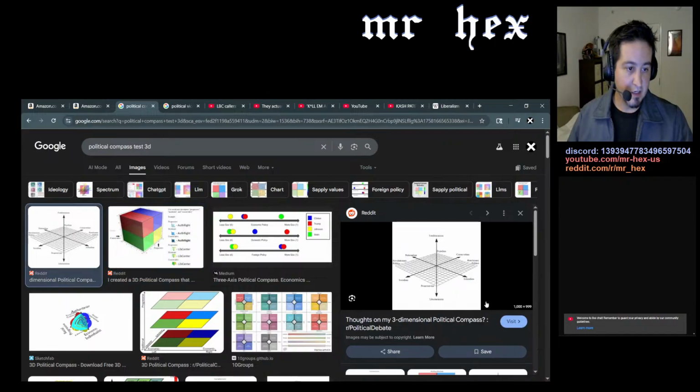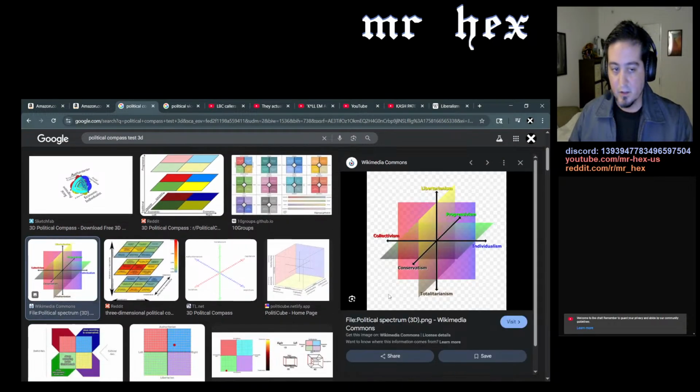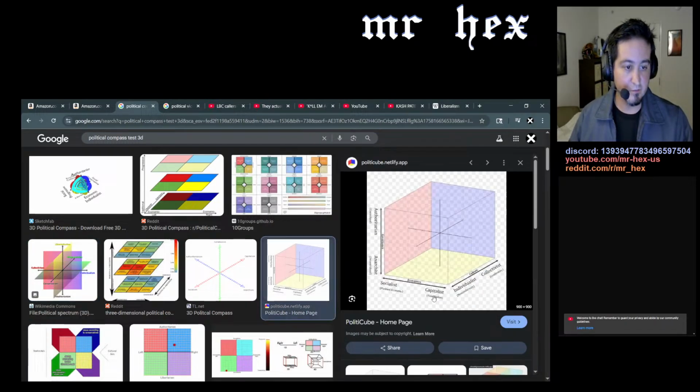In this one, you got conservatism versus socialism. That doesn't seem right. Nationalism versus liberalism, totalitarian versus libertarian. I don't know. So individualism versus collectivism, progressive versus conservative, libertarian versus totalitarianism, socialist versus capitalist, individualist versus collectivist, authoritarian versus anarchist.